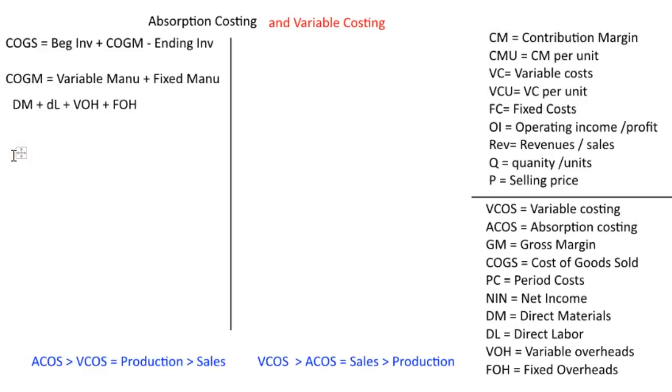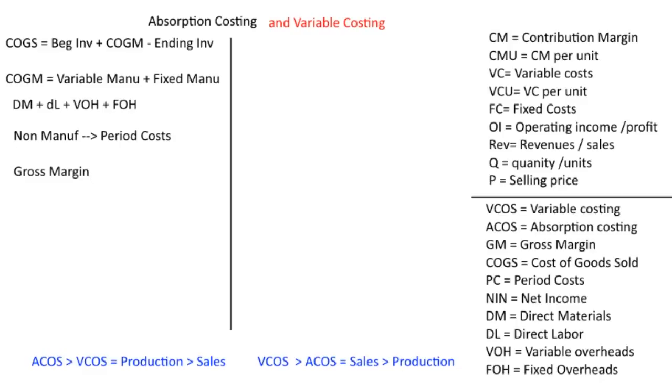Now, as I said earlier, non-manufacturing costs are period costs. And when we talk about absorption costing, we talk about gross margin on the income statement.